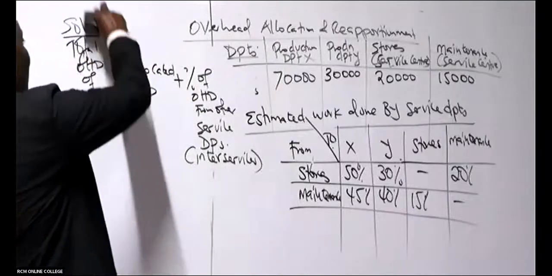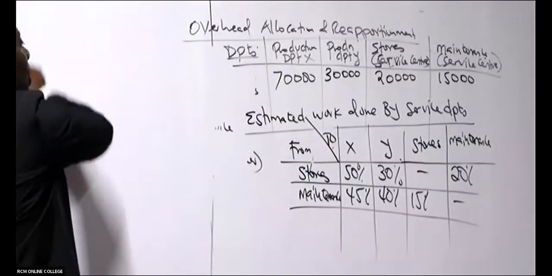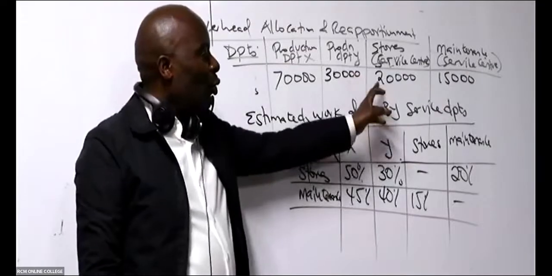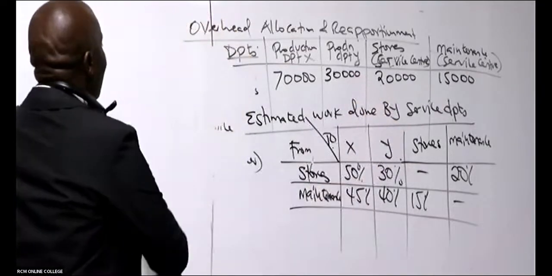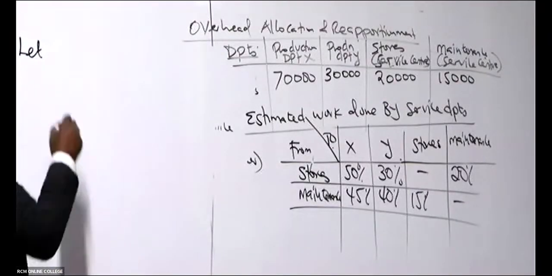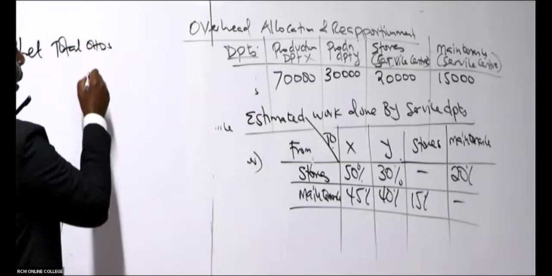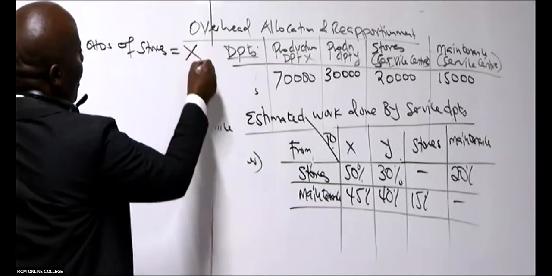Now, once you have done that, ladies and gentlemen, we don't know how much is the total overhead cost for stores because 20,000 is just what has been allocated, right? So I will let total overheads of stores be equal to what here?